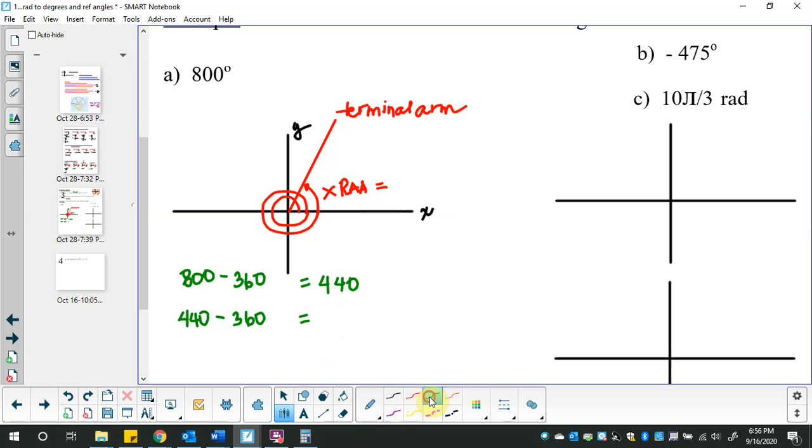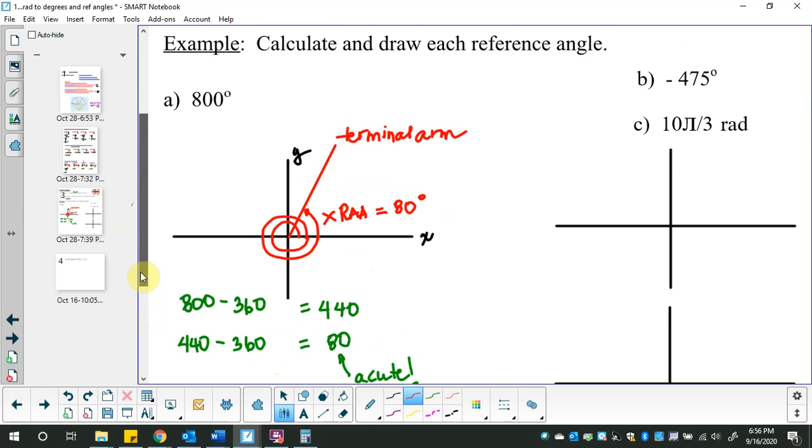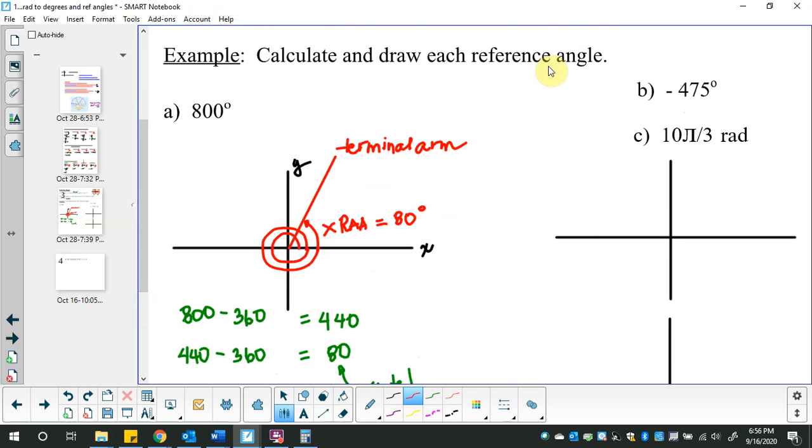And I keep doing that over and over again until, in this case, now, because 80 is acute. So I can say the answer to my question is that the RAA is 80 degrees, and that has drawn the reference angle, and I've told you the RAA, which is another name for a reference angle.